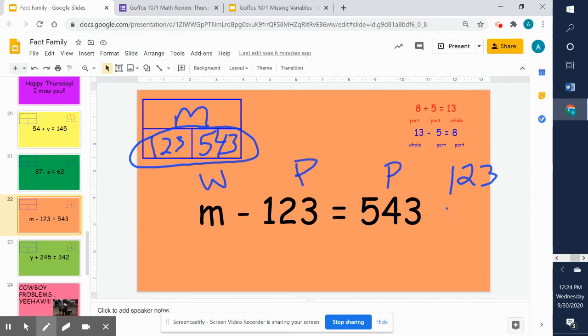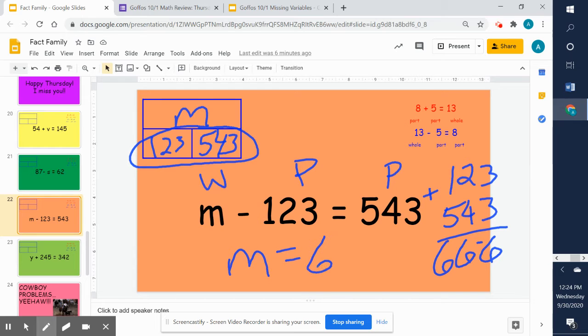So 123 plus 543. 3 plus 3 is 6. 4 plus 2 is also 6. And 5 plus 1 is 6. So our answer is m equals 666. And again, your subtraction problem always starts with your bigger number, so that is larger than 123 or 543.